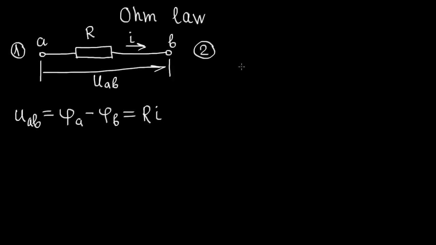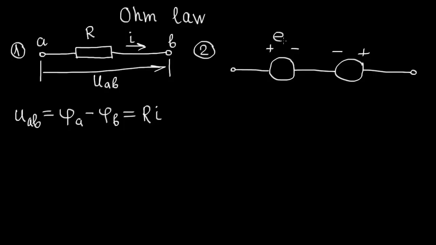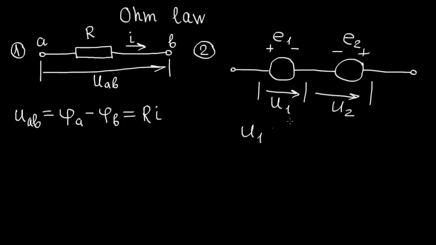you need to remember the property of electromotive force source, namely, if you meet one of these cases, first case for E1 source and the second case for E2 source, by definition we may express these voltages with assigned directions.